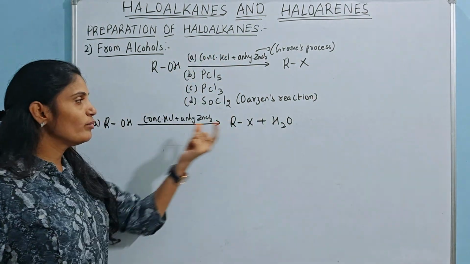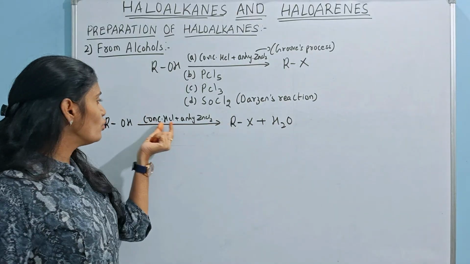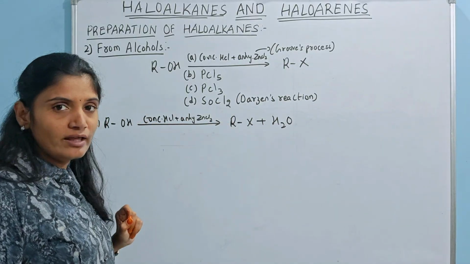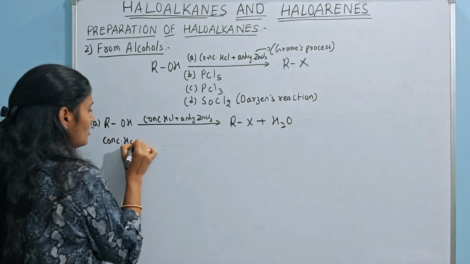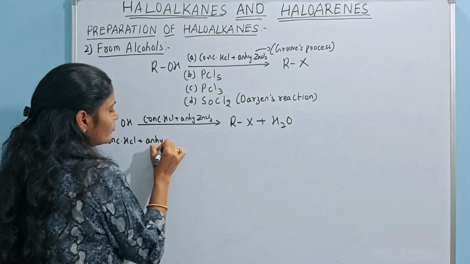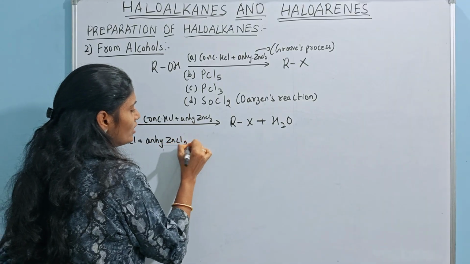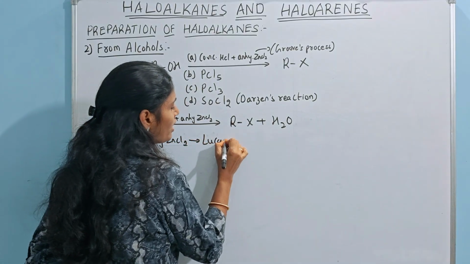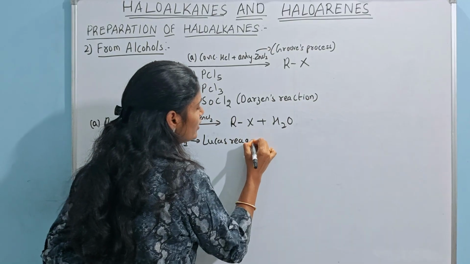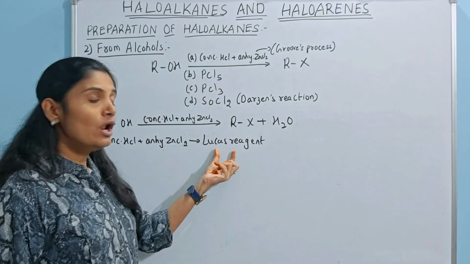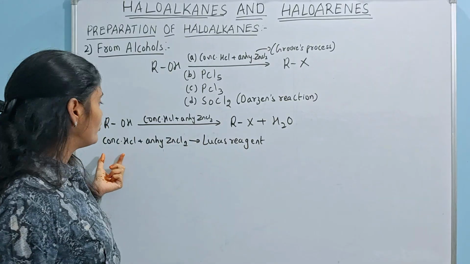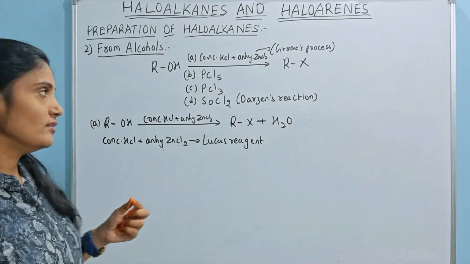Very important point: concentrated HCl plus anhydrous ZnCl₂, we call it Lucas reagent. Very important. What is Lucas reagent? Lucas reagent is concentrated HCl plus anhydrous ZnCl₂.